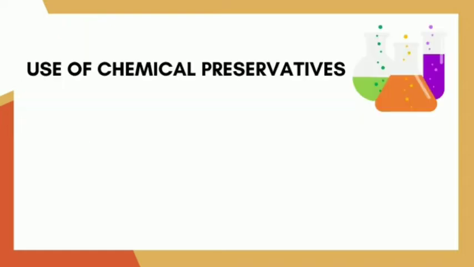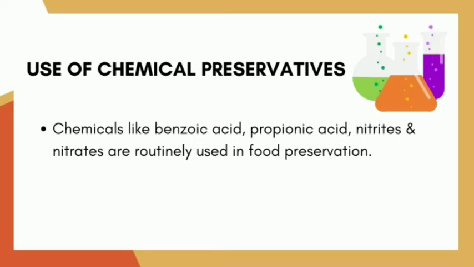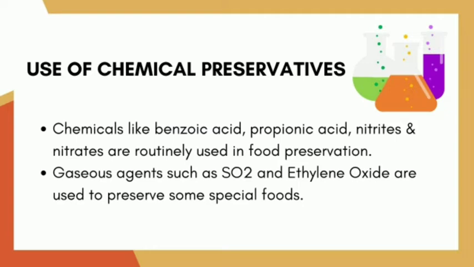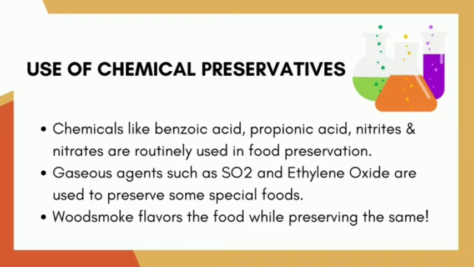The next method is use of chemical preservatives. Permitted by Food and Drug Administration and other authorities, certain chemicals like benzoic acid, nitrates, nitrites, sulfur dioxide, ethylene oxide, and a unique thing called wood smoke are allowed to use with foods to enhance their shelf life.